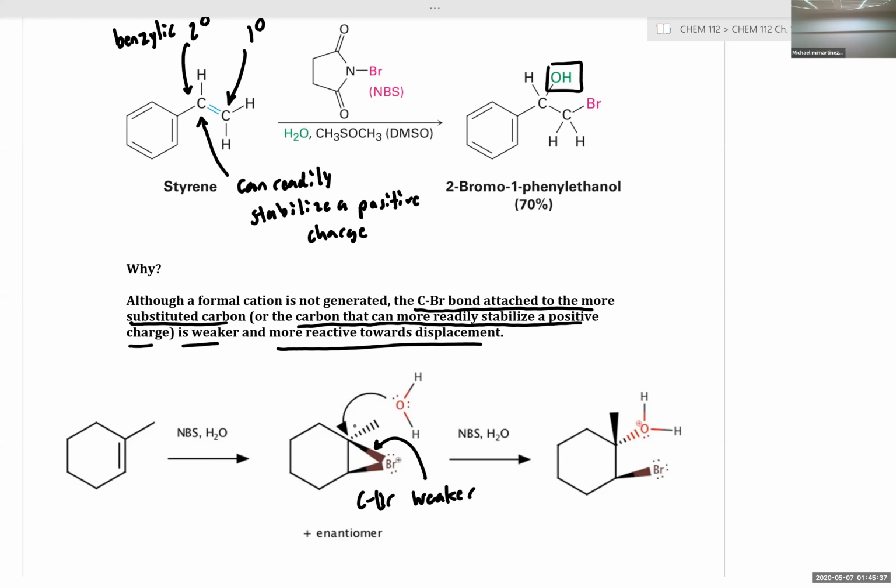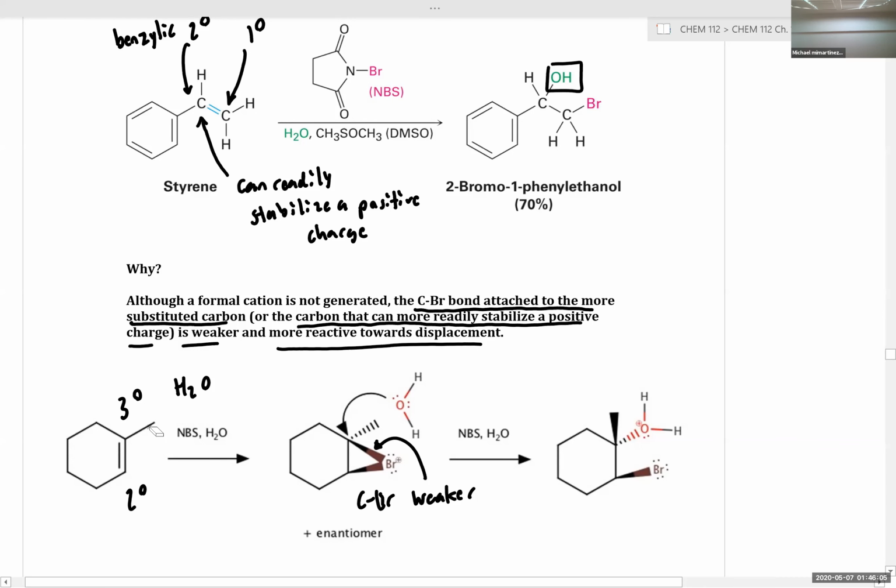Does this make sense to everyone? Why, if we compare a secondary and tertiary site, water prefers to add at the tertiary site? Does this make sense from our discussion of Markovnikov's rule? Okay. So one thing to note, we are not making a formal carbocation.